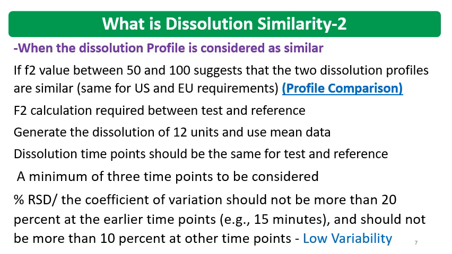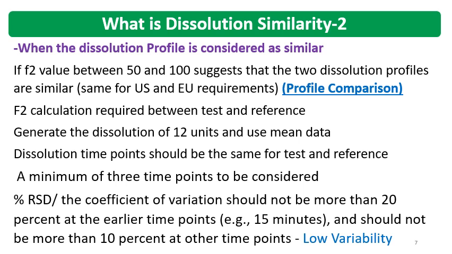For calculation of F2, 12 unit data is required. The mean of the 12 units is considered in the calculation. So generate the dissolution of 12 units and use the mean data. The dissolution time points should be the same for test and reference, and this is a very obvious requirement.